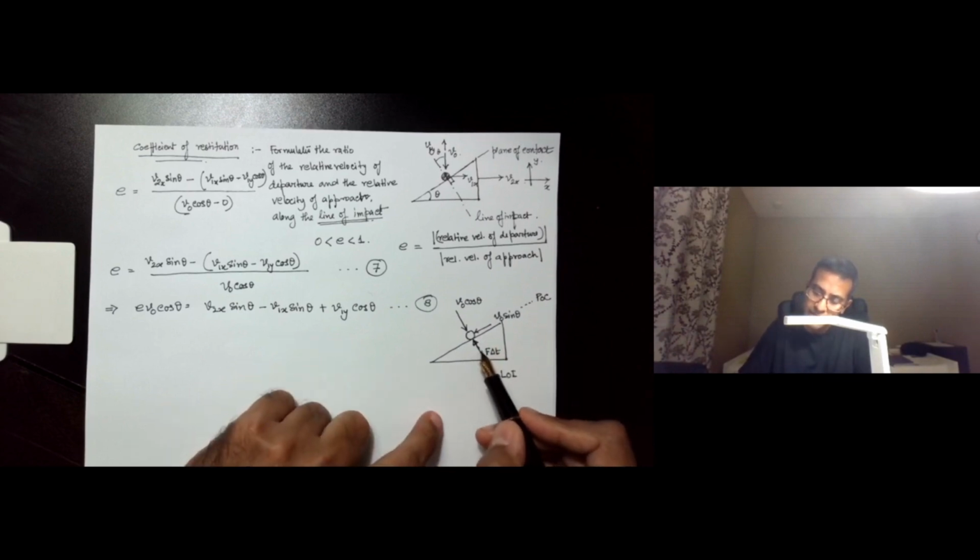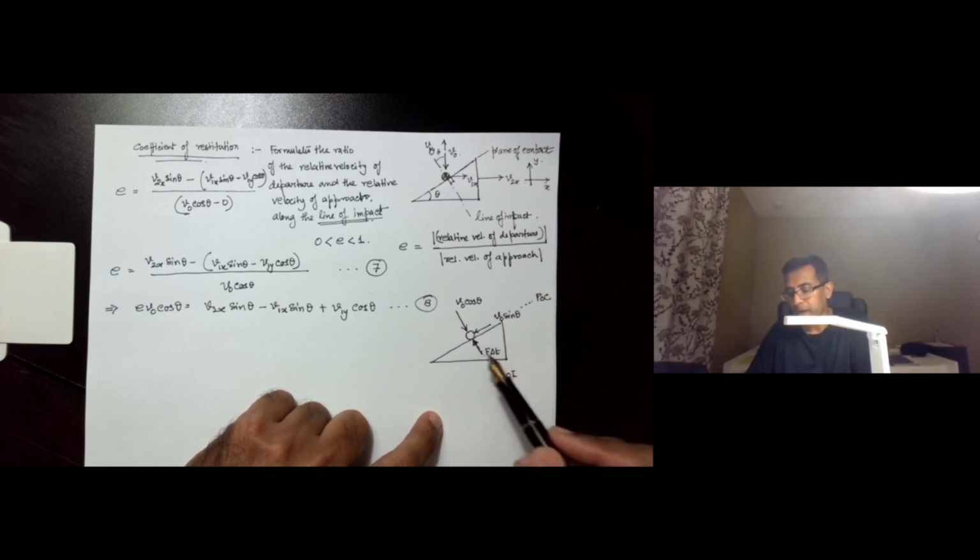The impulse F delta t is going to affect v0 cosine theta for sure, because it is directly opposite to v0 cosine theta. However, F delta t will not have any impact on v0 sine theta, because it is perpendicular to v0 sine theta.